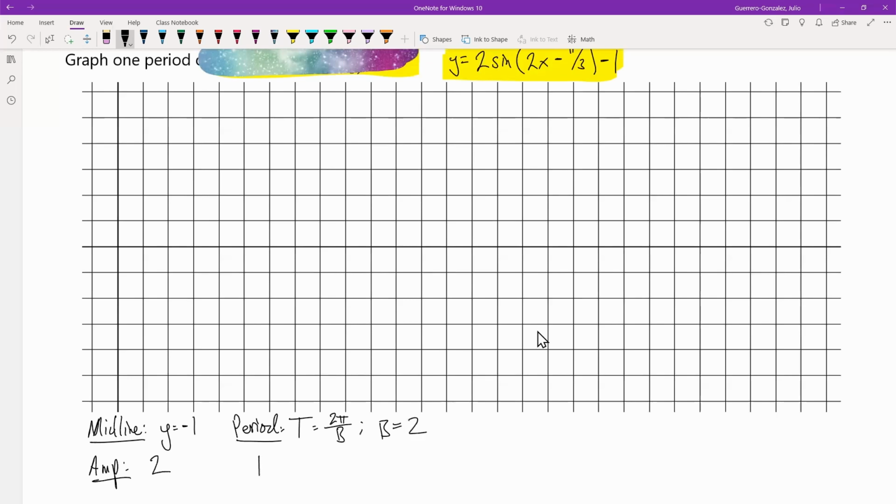So then this is going to be T is equal to 2 pi over 2. The 2's cancel. Bam, this is equal to pi. So 1 period of our function has got to be pi. Okay?